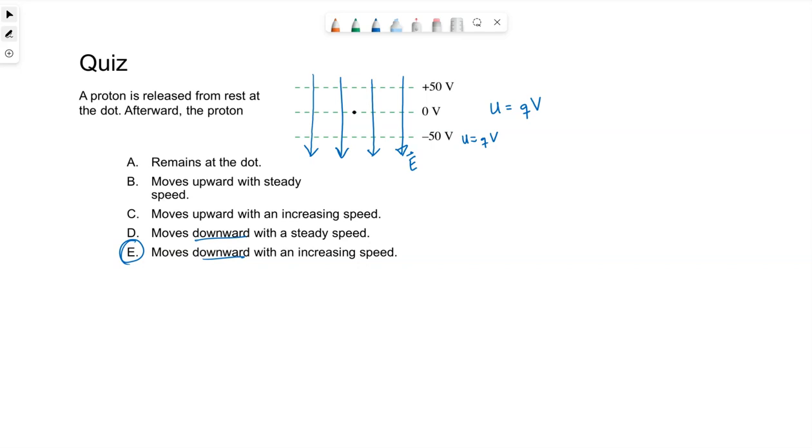The proton will continue to lose its potential energy as it continues to move downwards, which means its kinetic energy is going to be increasing. Steady speed would mean there's no additional kinetic energy created, which means the potential energy would have to not change, which of course is not the case in this particular problem.